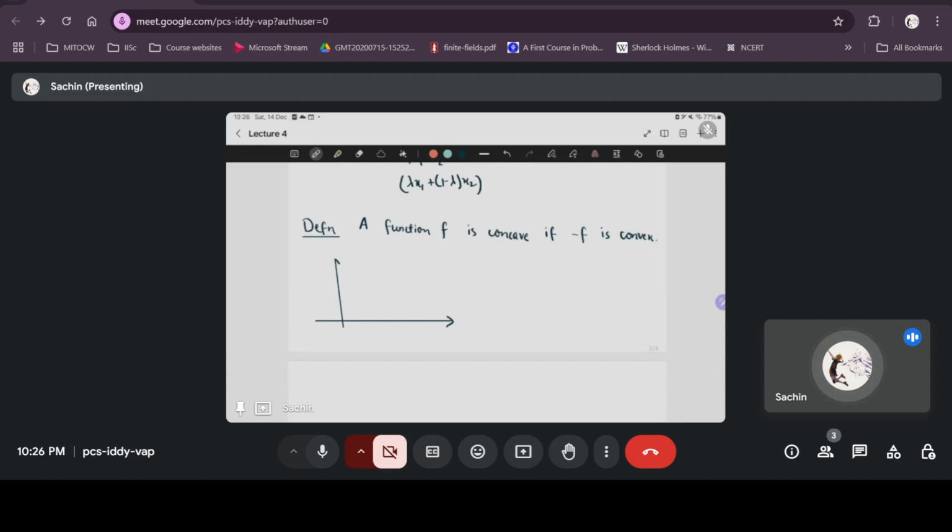So examples of these would be, for convex function, the examples would be parabola. f of x is ax squared plus bx plus c, where a greater than 0, and f of x is equal to ax squared plus bx plus c if a less than 0 would be concave.